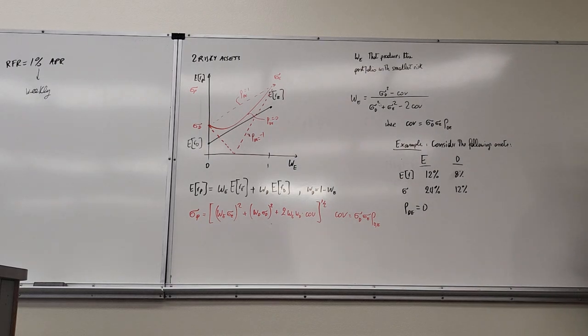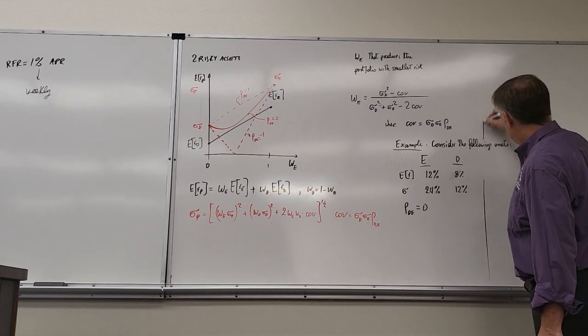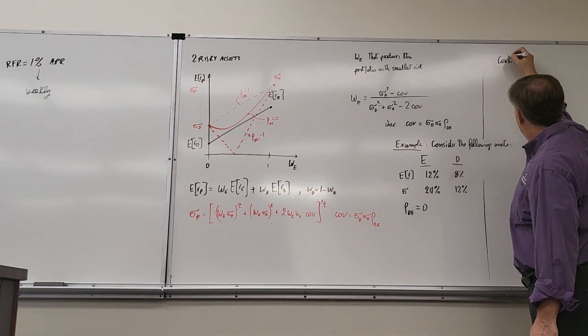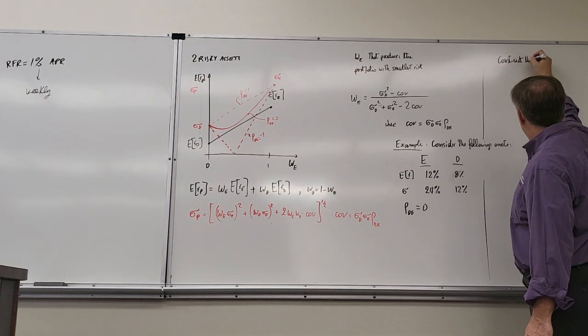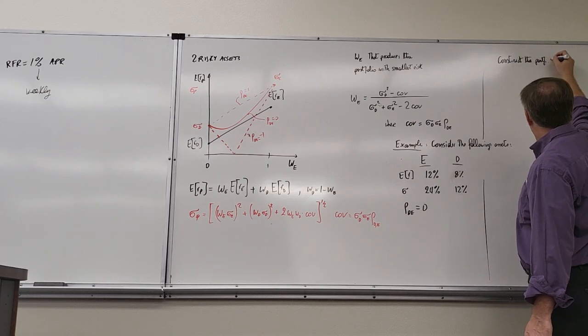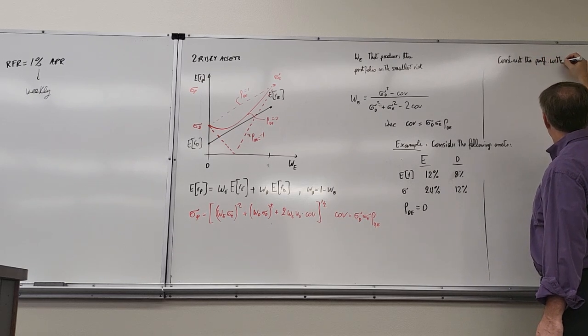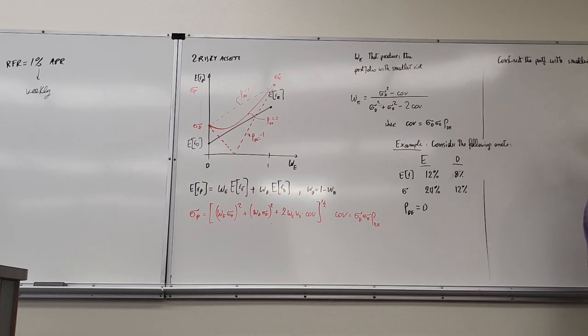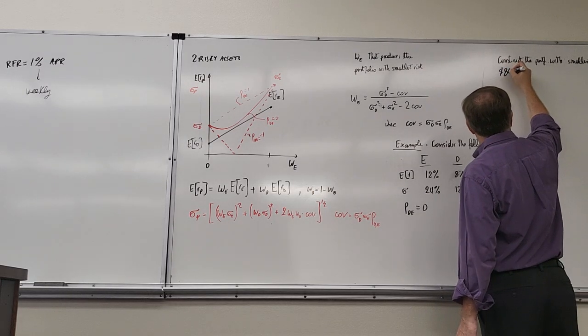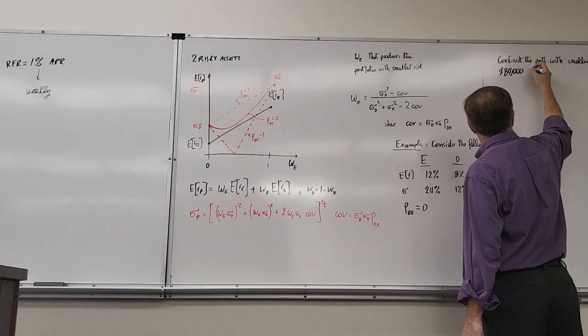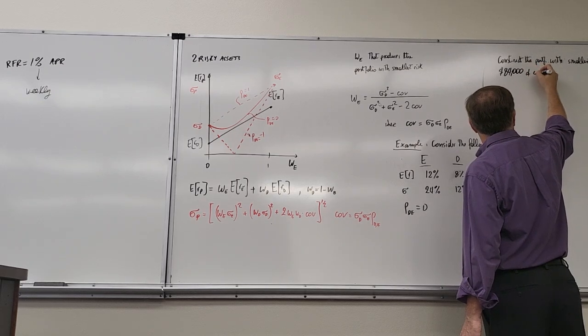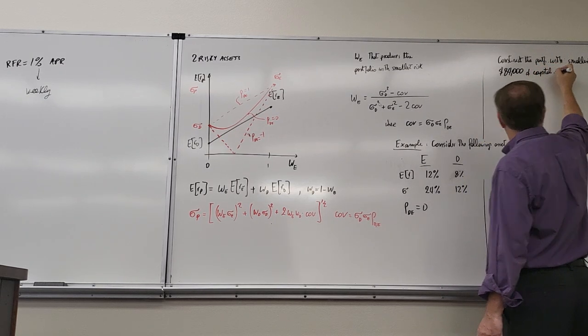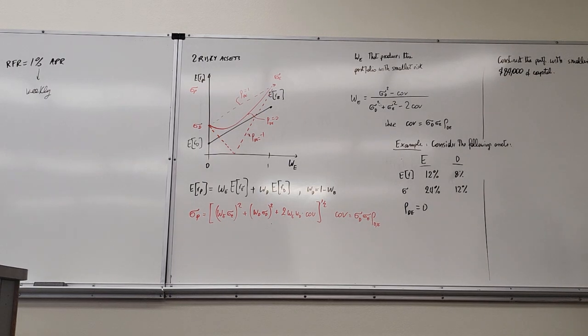So given this, I want you to construct the portfolio with the smallest risk. And you have $84,000 available. So how do we do it?